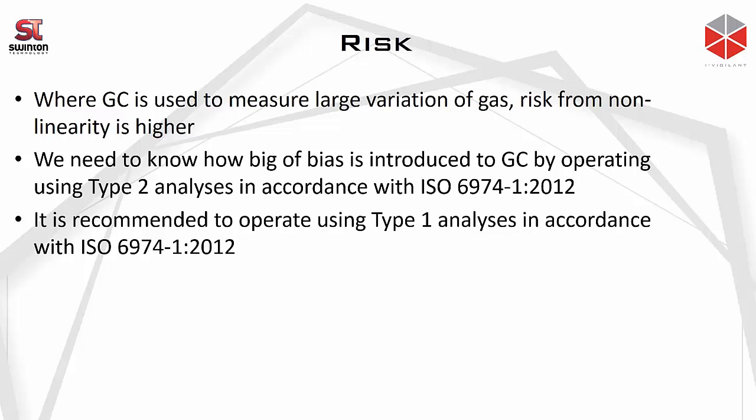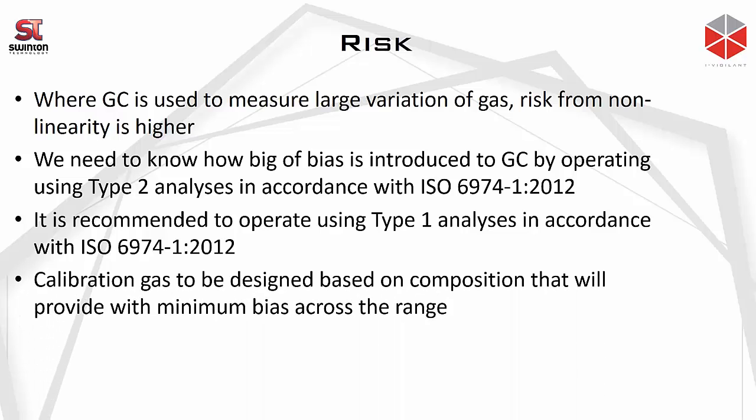When we do have a large variation of gas, it is always recommended to operate using type 1 analysis in accordance with ISO 10724. Any nonlinearity is then corrected by applying a constant, so we operate with a true analysis function rather than an assumed analysis function.